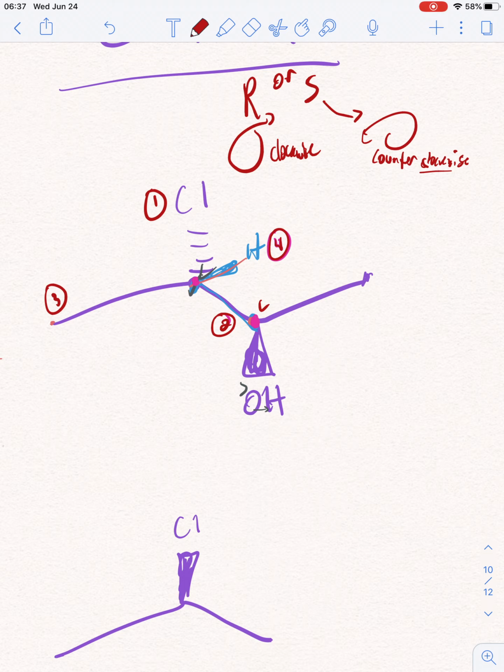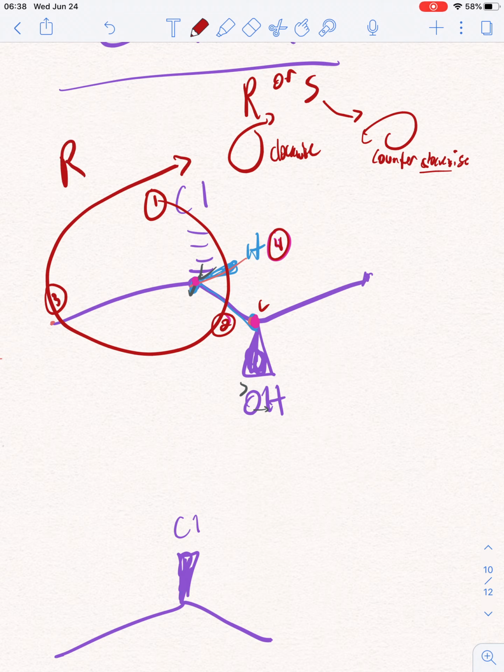Just put your hand over 4 and go 1 to 2 to 3, right? You put your hand over the lowest one because it's hard to imagine it, so you just ignore it. That's the rule of thumb for these. You just ignore 4 and do 1 to 2 to 3 to figure out your priority. And it's going clockwise, so it's R.